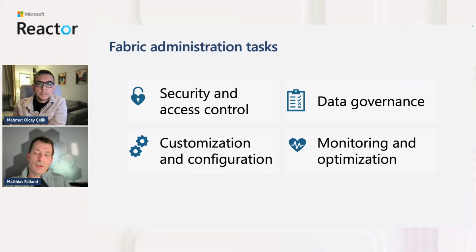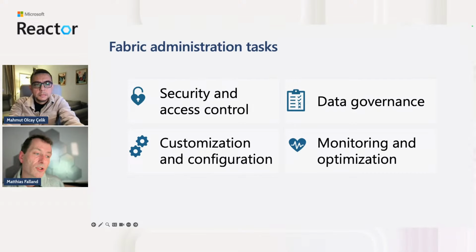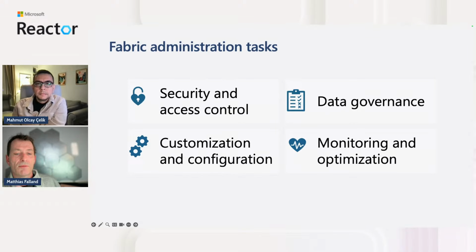And you also have a lot of customization options like private links or data classification, which is also part of the governance. You can leverage data classification policies from the data source down to the dashboard. So it's like an end-to-end scenario there.